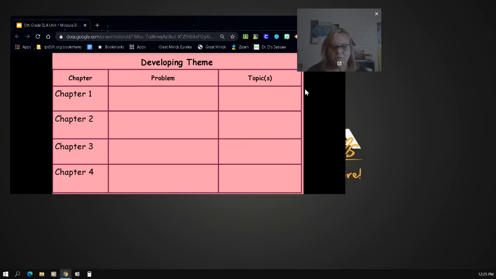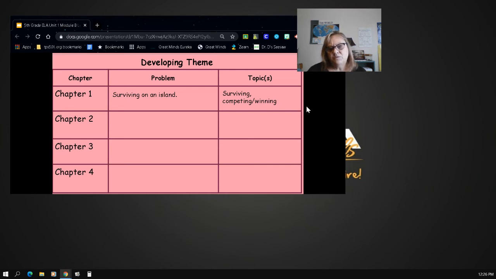Here's the chart we saw at the beginning of the lesson. As we read, I hope you were also taking notes. Let's review. In chapter 1, we saw the problem was surviving on the island. The topic would be considered survival and competing or winning the contest.